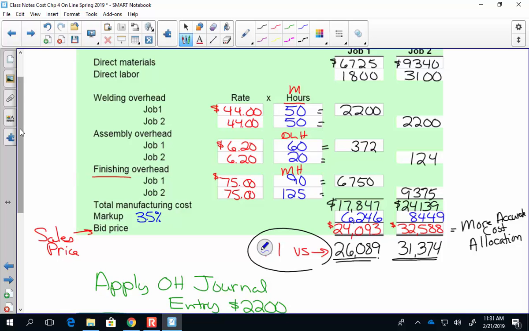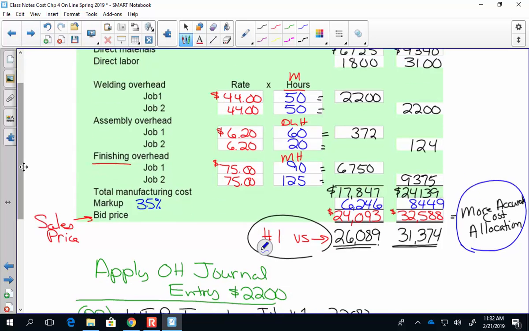And then our goal is, hopefully, by using more than just 1 driver, 1 predetermined rate, we're using 3, we get a more accurate cost allocation. And that's what I write here. The goal with more than 1 rate is to come up with a better, more accurate application of overhead. So that's the goal anyway.